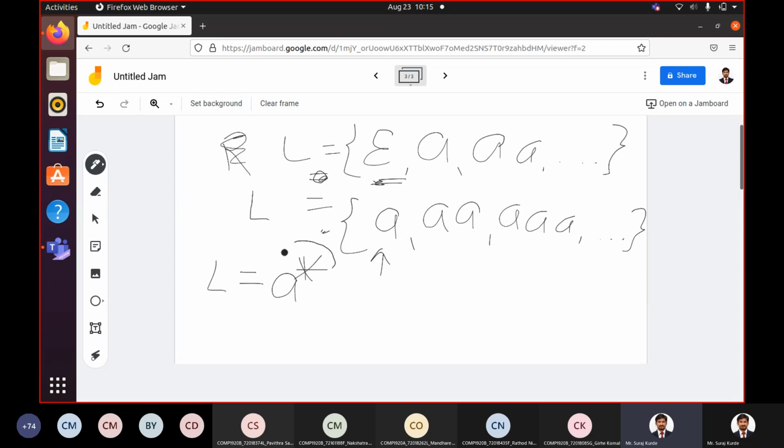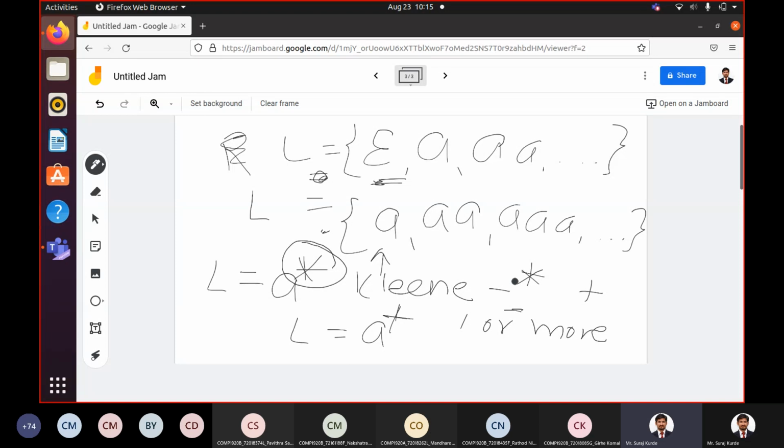That is the Kleene closure, a star. The second one is a plus, where a is repeated one or more times. So depending on how many times we repeat a particular character, we use either an asterisk or a plus.